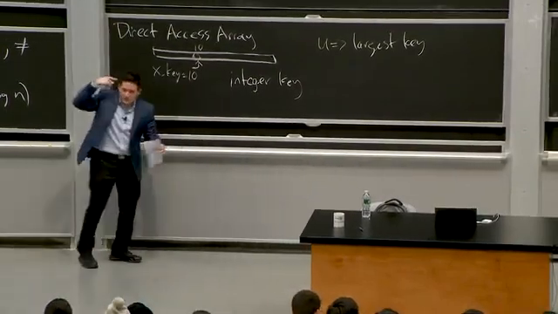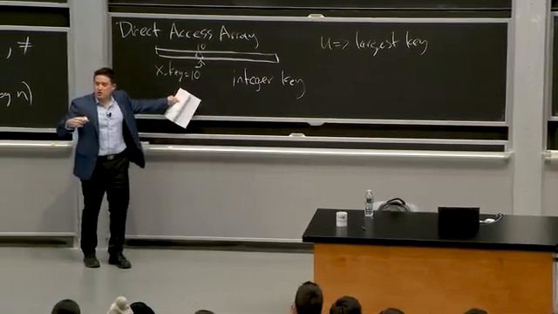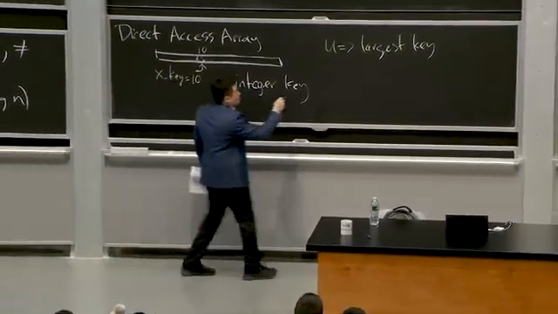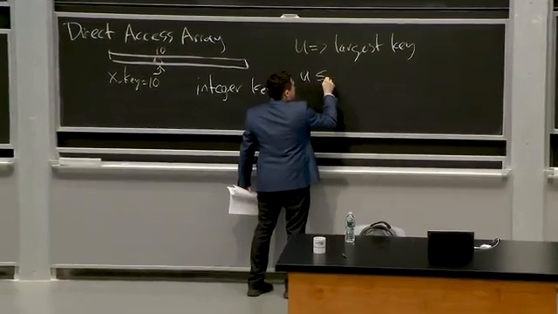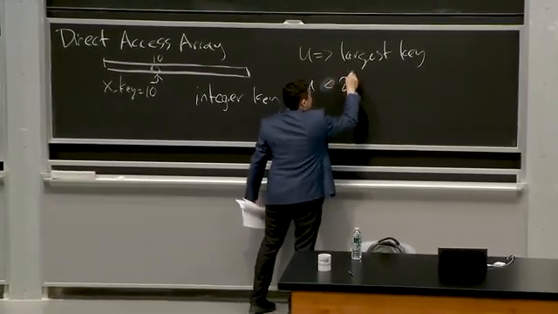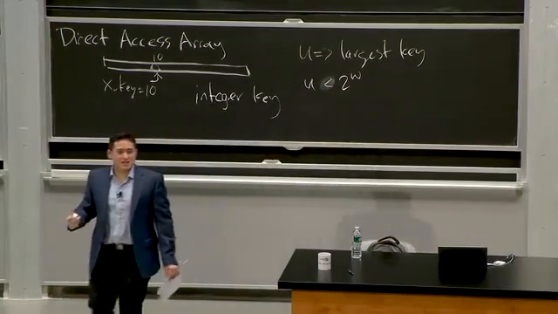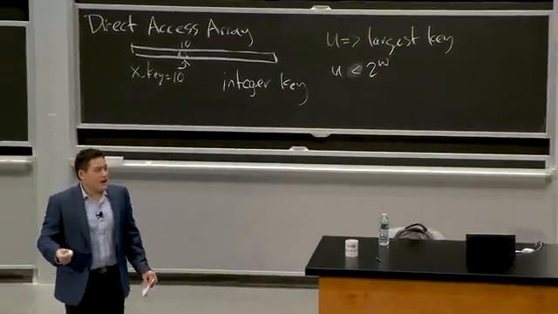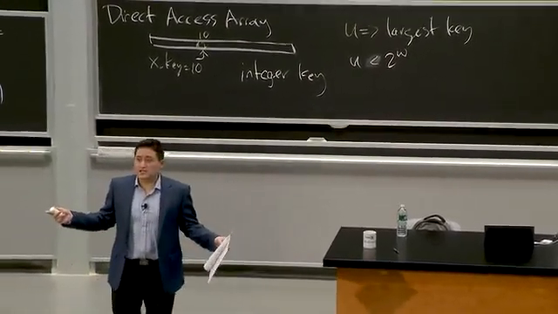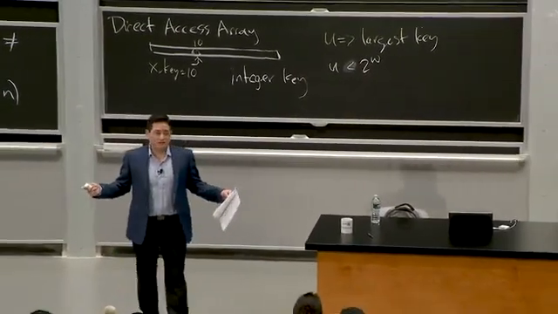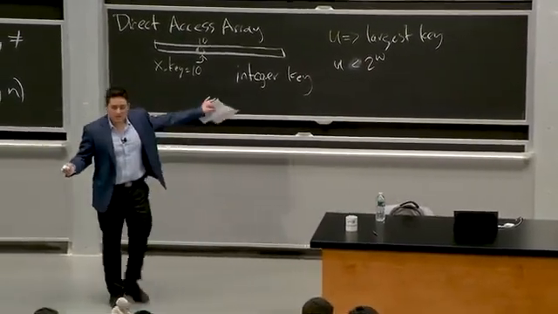So implicitly, if I'm going to be able to use this direct access array, I need to make sure that u is less than 2 to the w, if I want these operations to run in constant time. If I have keys that are much larger than this, I'm going to need to do something else, okay? But this is kind of the assumption.